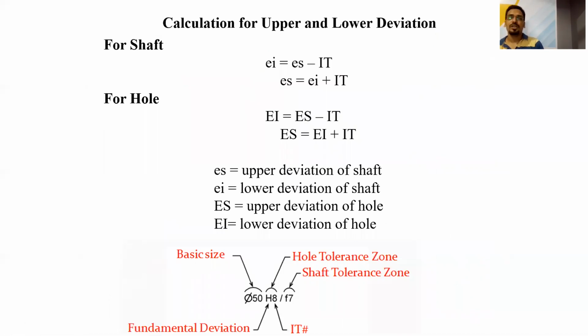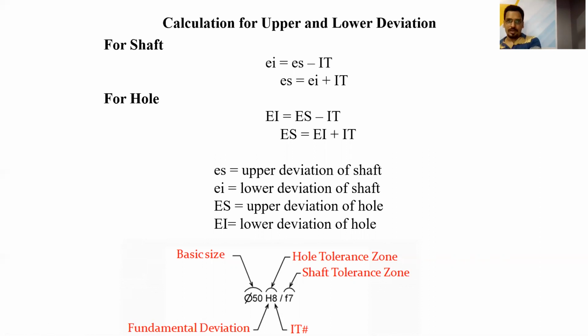Next is how the upper deviation and lower deviation are calculated. For the shaft, I have already told you that this is the upper deviation. This is the lower deviation of the shaft. Lower deviation of the shaft is equal to the upper deviation of the shaft minus tolerance grade.